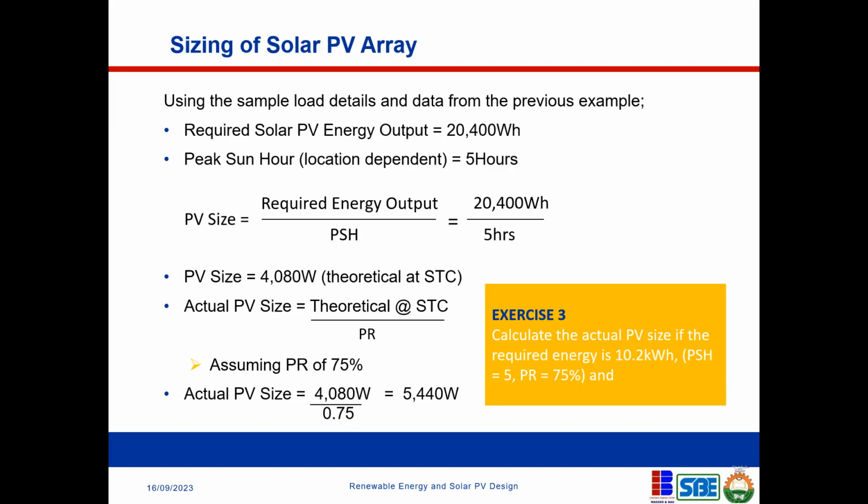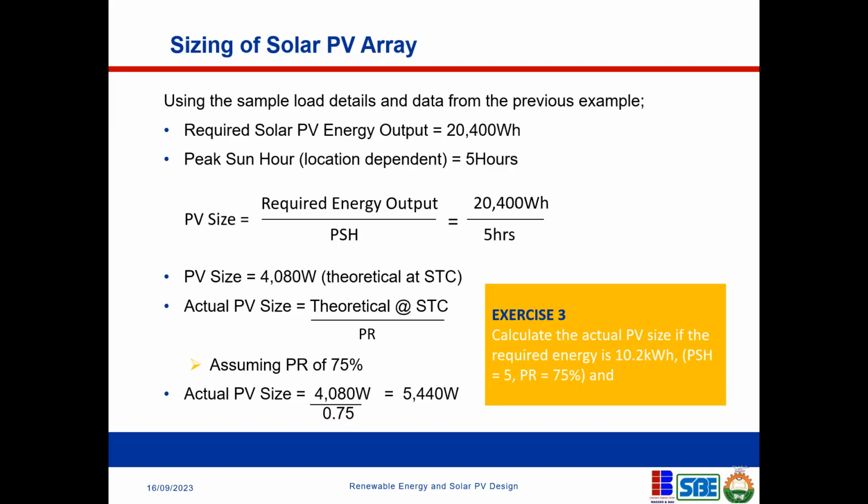Okay, so I'm seeing answers coming in. Now this question is asking us for the wattage, not in terms of the number of PV. Of course, you need to know the capacity of your PV before you can begin to divide. Okay, so we're having 2,720 watts, and that's correct.